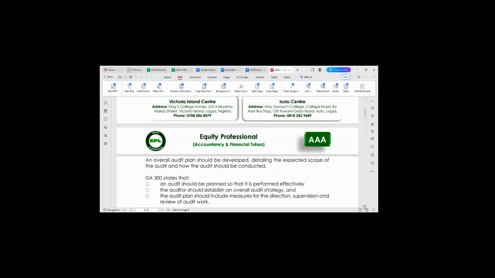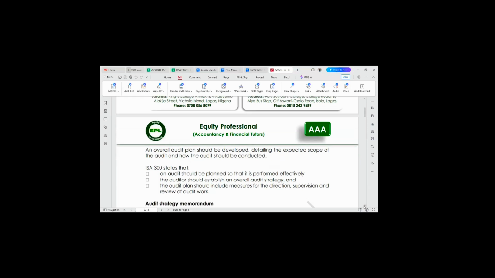Two, the auditor should establish an overall audit strategy. I've dealt more with audit strategy in chapter 6, the chapter we just completed. Thirdly, the audit plan should include measures for the direction, supervision, and review of audit work. Remember in chapter 5, when we talked about practice management, we talked about having an engagement quality reviewer and also the engagement partner that ensures that every bit of that particular engagement is executed.